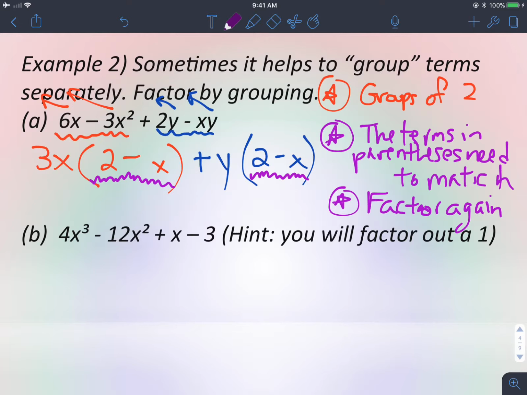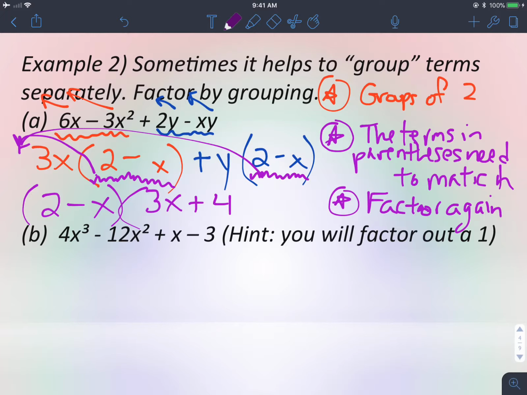Oh, these things that I come up with. So you see how now it matches up. It's the exact same thing. 2 minus x and 2 minus x. I am now going to factor out that whole thing. And I'm going to write parentheses, 2 minus x, and then look at what is left over, the 3x and the positive y. So that's going to go in parentheses again. Not 4.